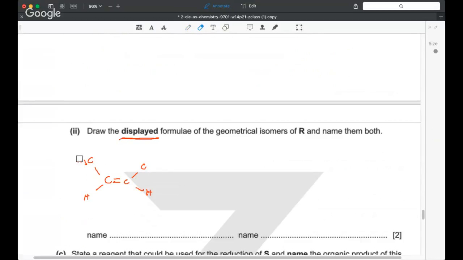You've actually got to show all the individual bonds from carbon to hydrogen. So the examiner is expecting to see these here.